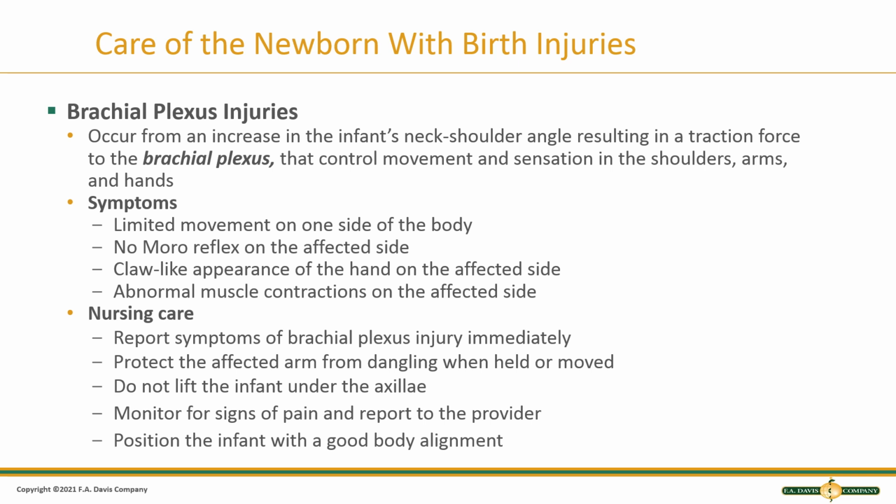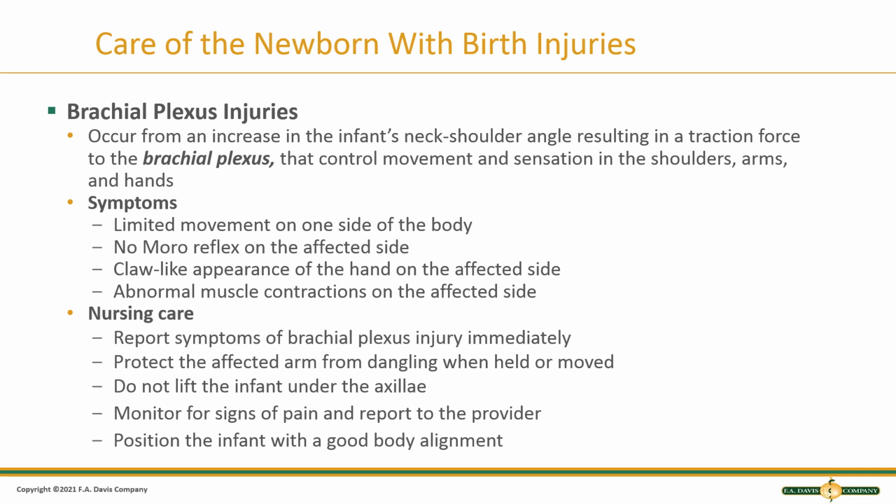Now there's going to be decreased range of motion on one side of the body. The Moro reflex is going to be affected on that side. They may have a claw-like appearance of the hand on the affected side, and they may have abnormal muscle contractions on the affected side.